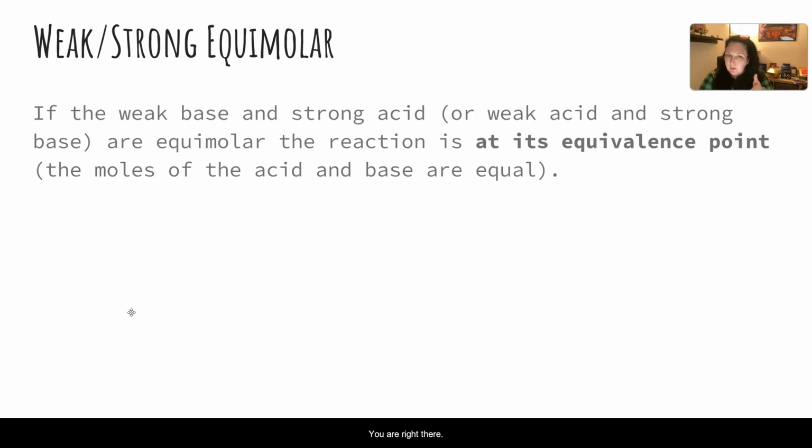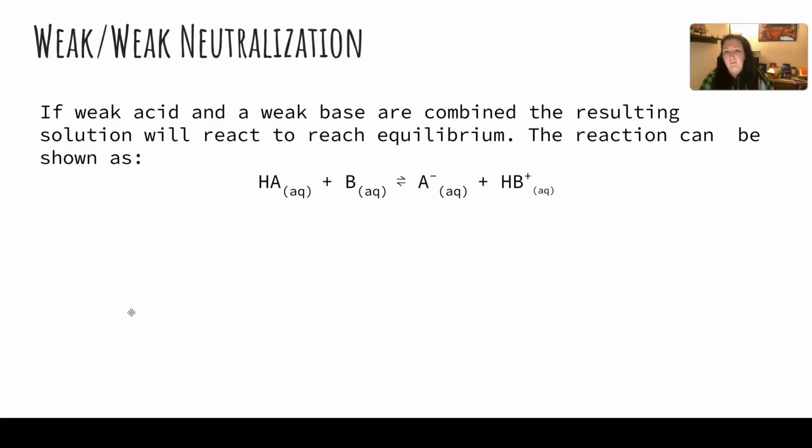You are right there. You are at that dot that's in the middle of that inflection zone. All right, so the moles of the acid equals the moles of the base. So neither one of them are in excess at that exact moment in time. So if you were to find out the moles of each one of them and subtract them, your number is 0. So that causes us a problem.